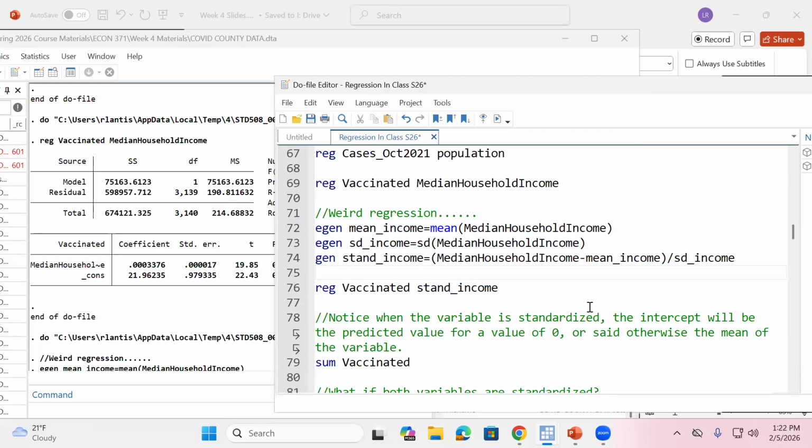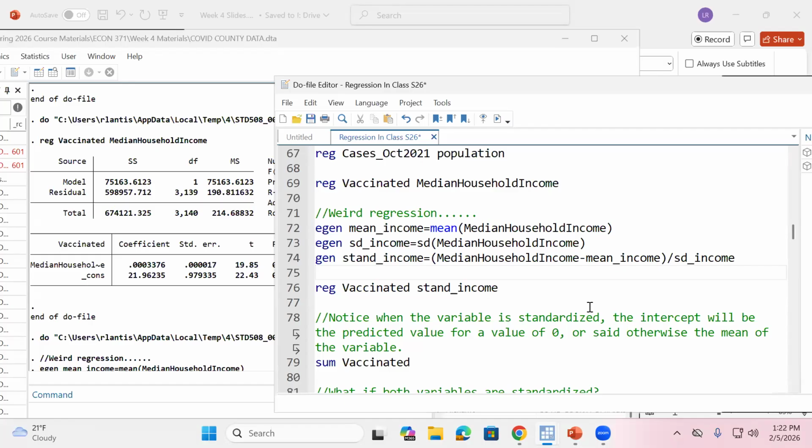Okay. So if I standardize a variable, I'll use the example that we just had. I was trying to predict the percent of a county that was vaccinated using the standardized value of income. What would the interpretation of my intercept be?